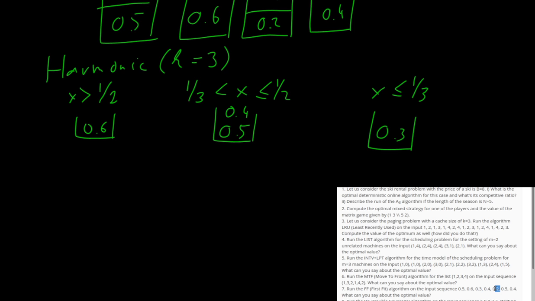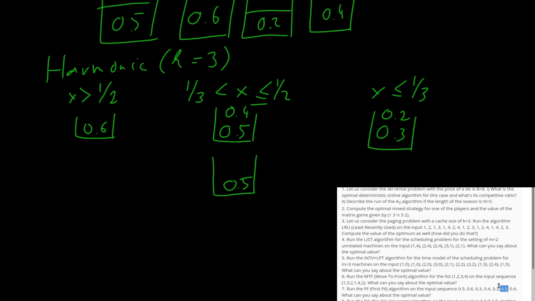And then you will have a 0.2, which is also smaller than 1/3, so you just put the 0.2 there. Now 0.5 fits into the second category. It's between 1/3 and 1/2, because 1/2 is allowing the equality here, but this item doesn't fit here, so you have to open a new bin for this category.